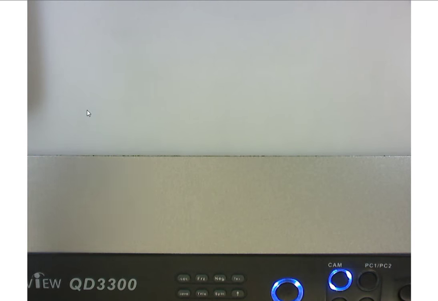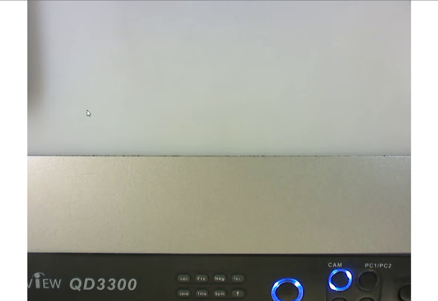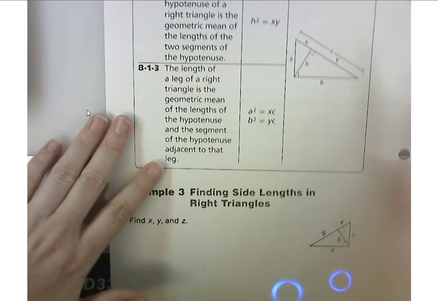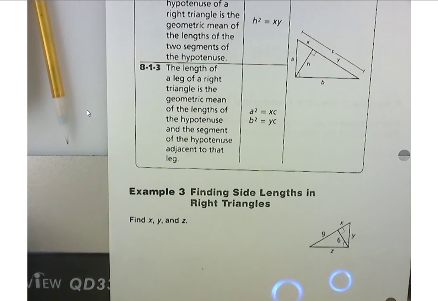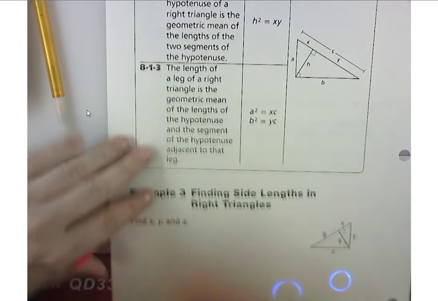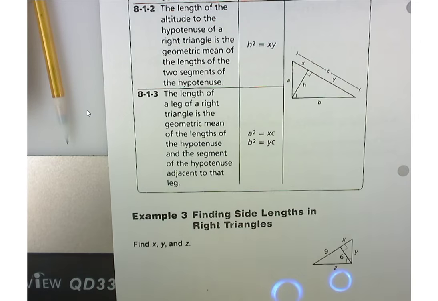So the next thing we're going to look at are the geometric mean corollaries. So I'm just going to highlight this.